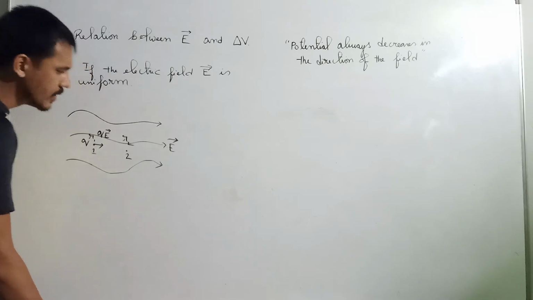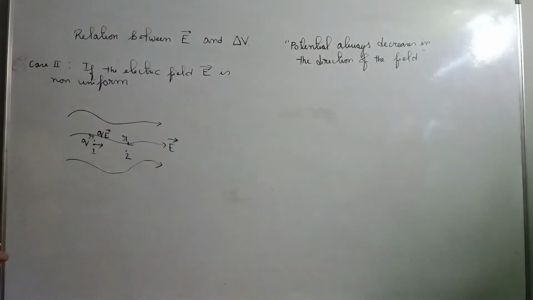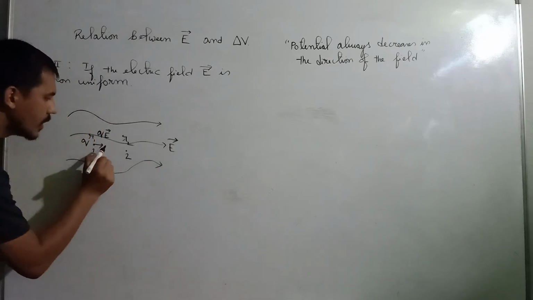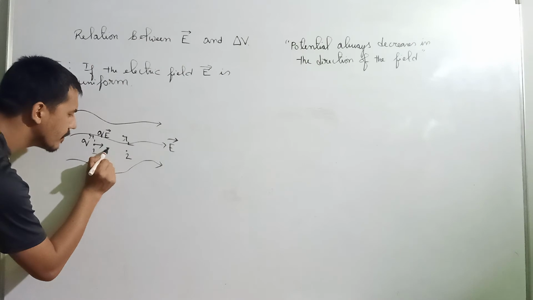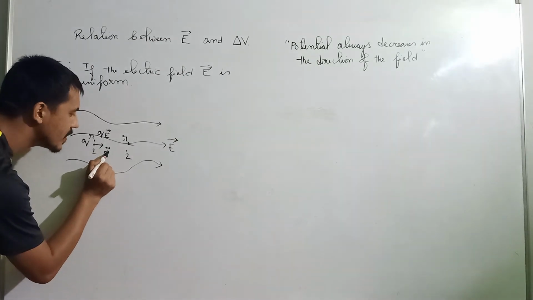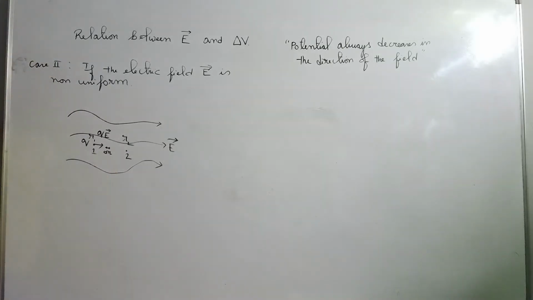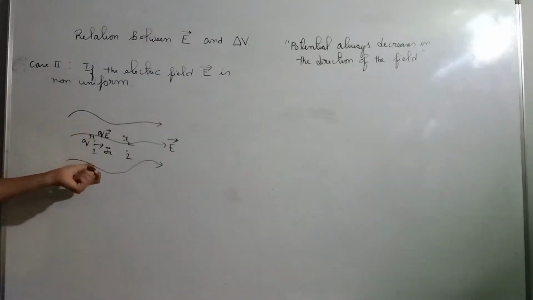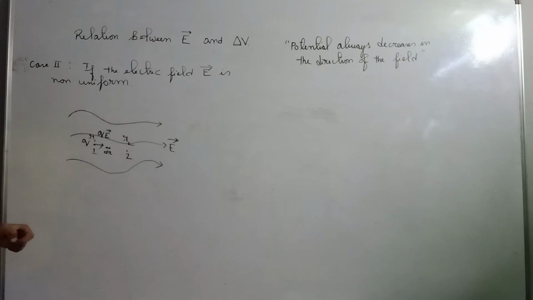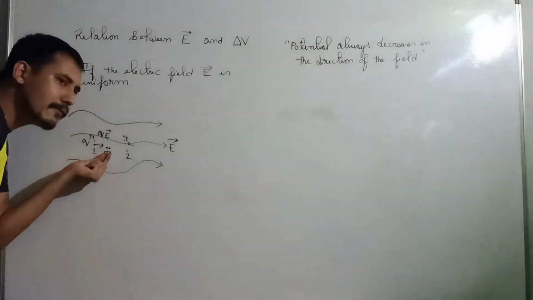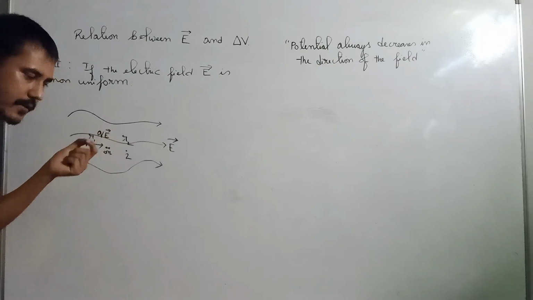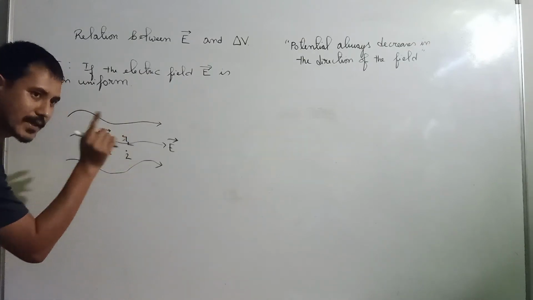So what I'm going to do is, in between 1 and 2, going from 1 to 2, I'm going to take a very infinitesimally small displacement dr. dr is an infinitesimally small displacement from 1 to 2. Then since this is an infinitesimally small displacement, the electric field here will be constant.